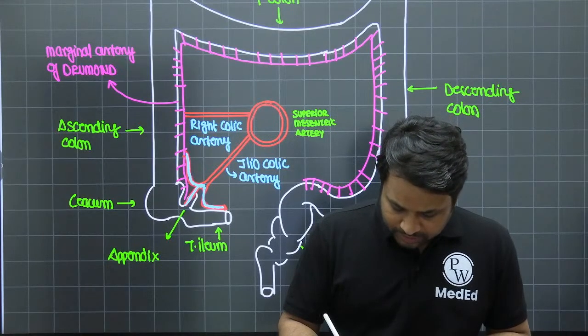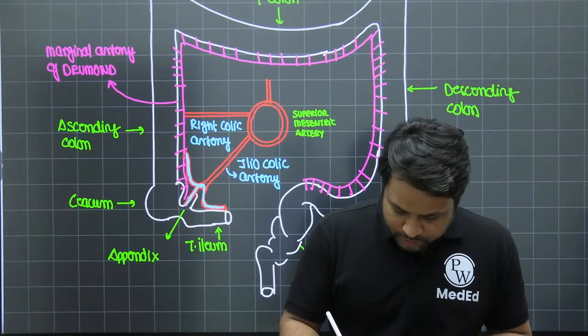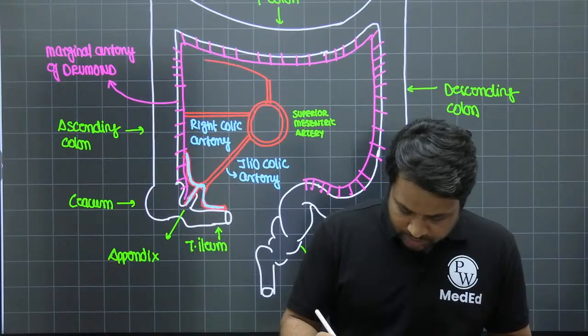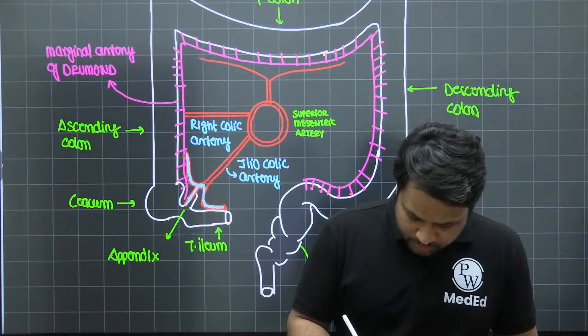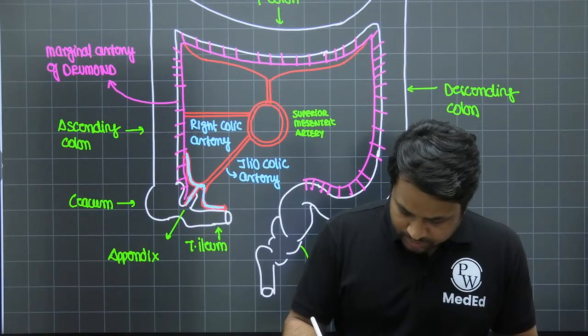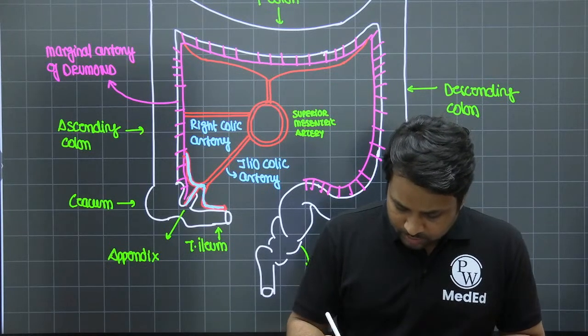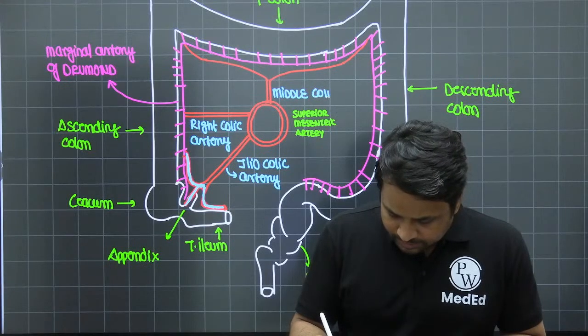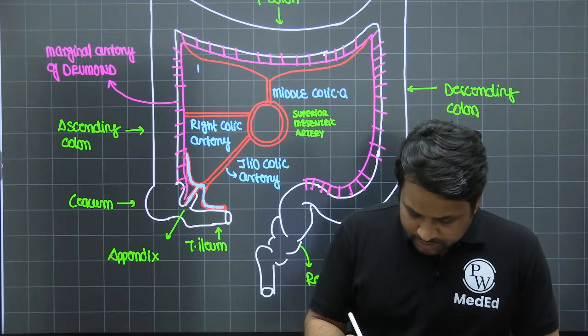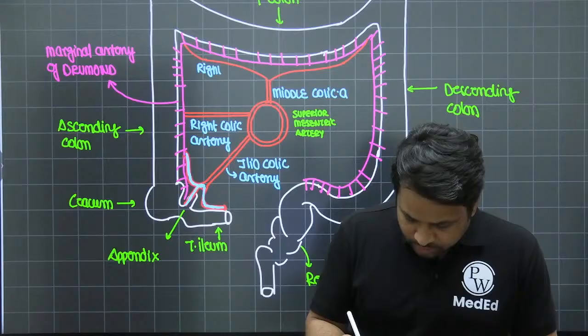Then you have the middle colic artery, which splits into the right branch and the left branch, right? This is your middle colic artery. This is the right branch, or the right middle colic artery.